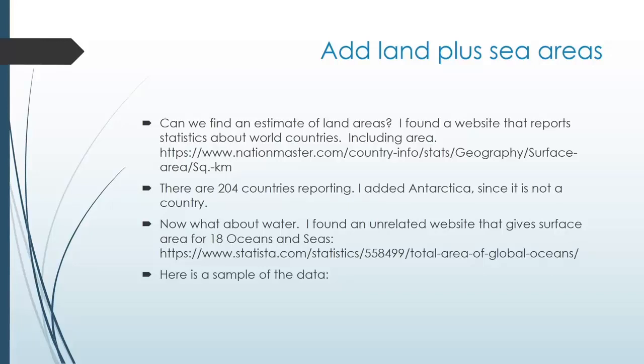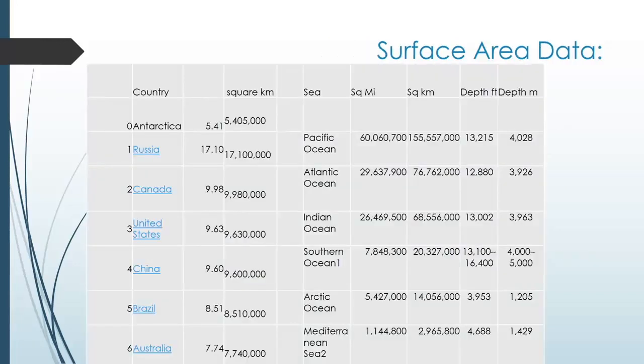Here's a sample of what my data looked like. I didn't include all of it because 205 rows would take up a lot more space. So I just show the first part of the data. On the left side is country, including Antarctica.